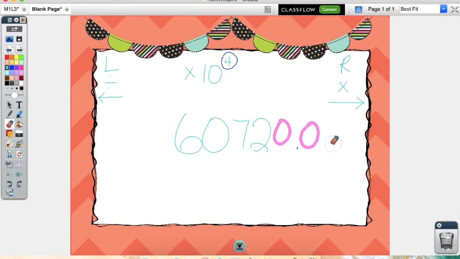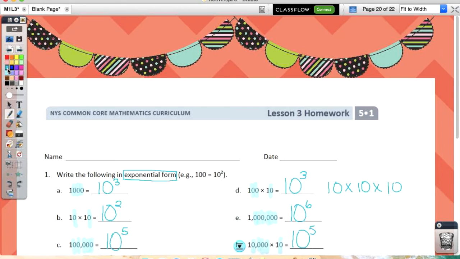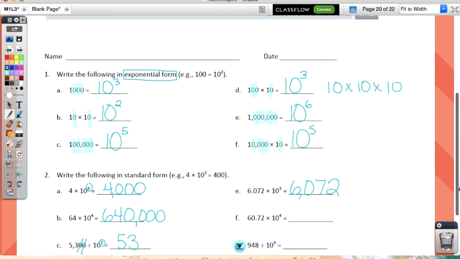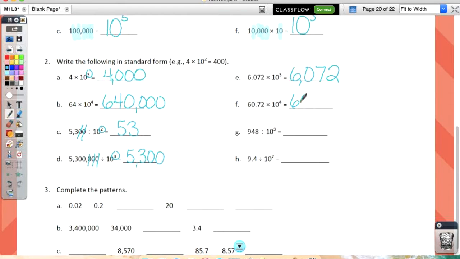Okay, so let's write that on the paper. Oh, it's taken me a long time. So 607,200. You guys remember how you can use that comma to help you say your numbers? Okay? All right, the next one.